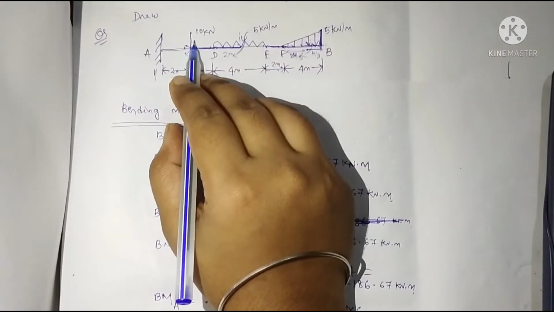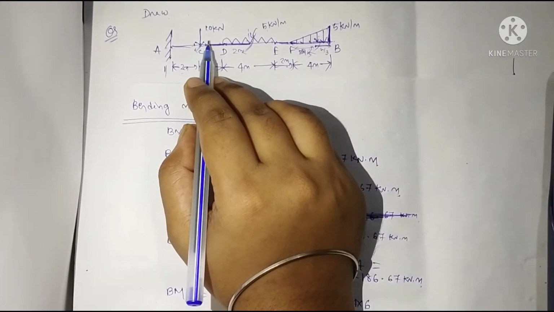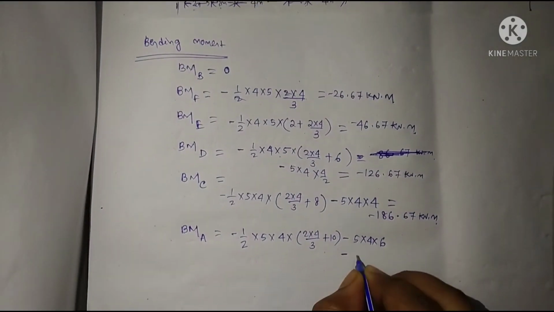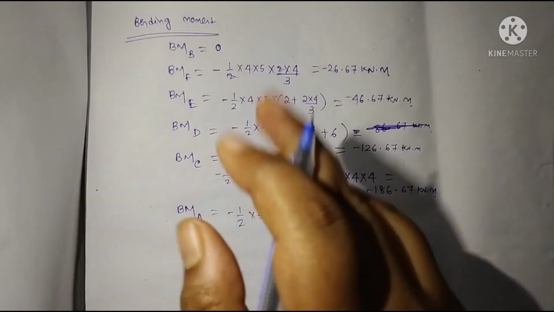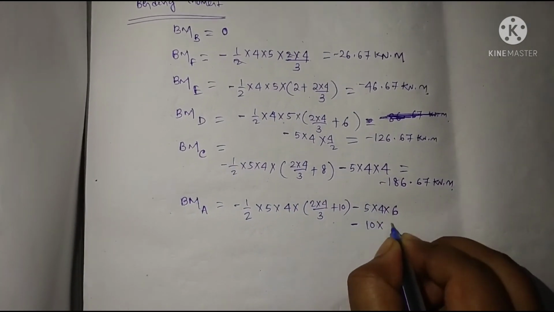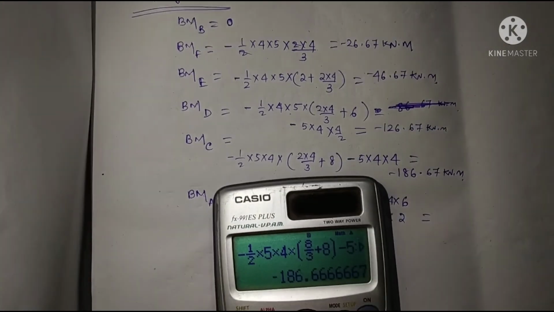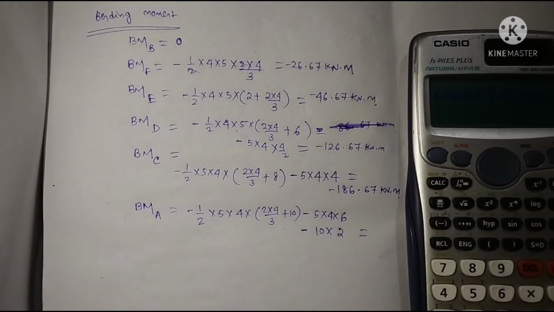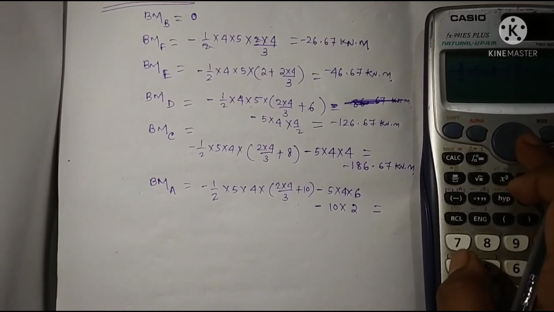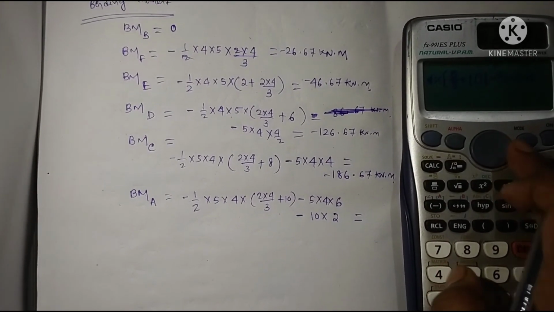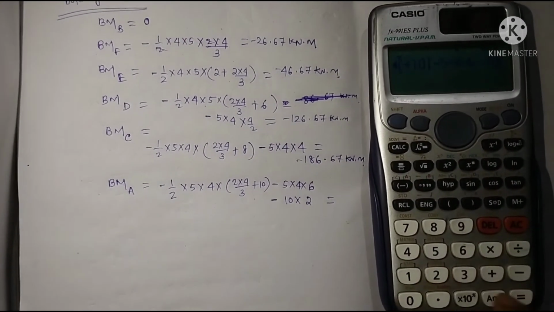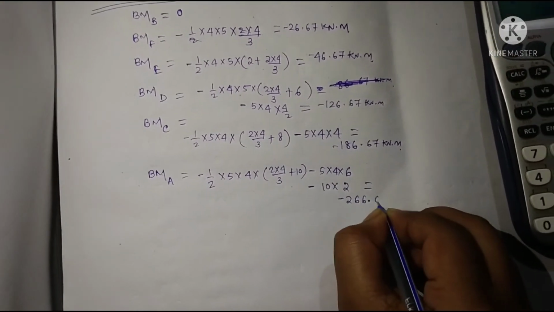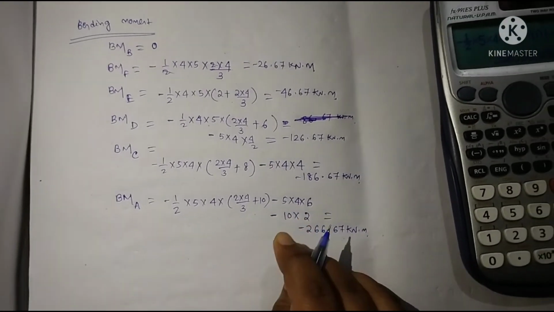And now just add this force also. This will be 10 kilonewton into perpendicular distance 2 meter. That is minus, we are taking negative sign because it is a downward force there. 10 into 2. Total moment comes out minus 266.67 kilonewton into meter.